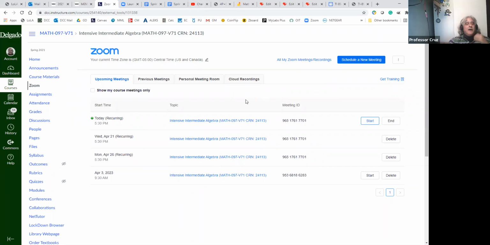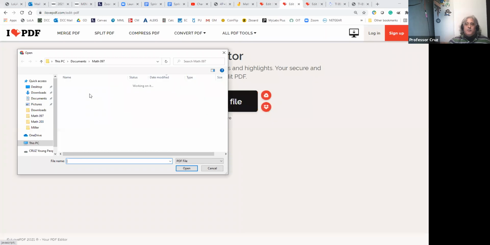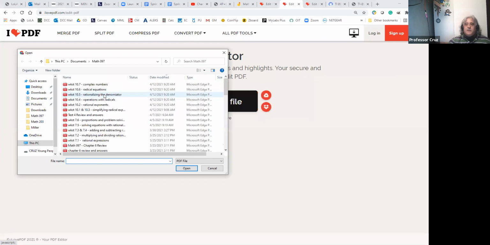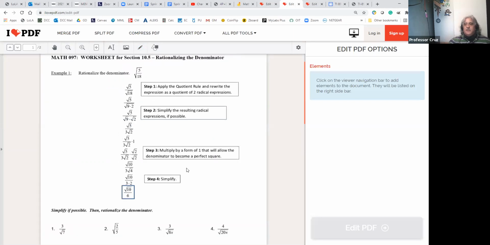And then when we come back, we'll look at this next section, and I'm going to go ahead and put it up here. It's called Rationalizing the Denominator. And at least in the second part, we're going to use that conjugate idea.